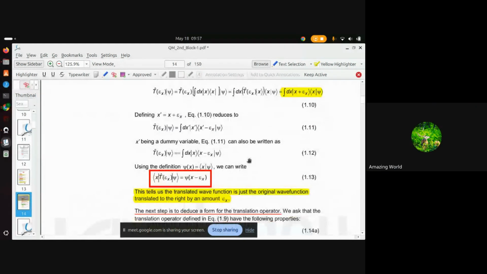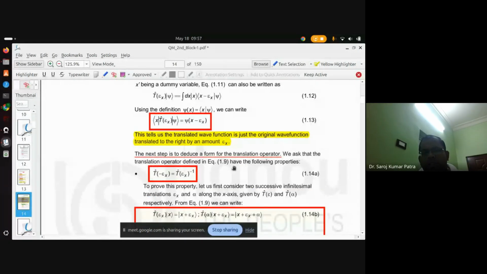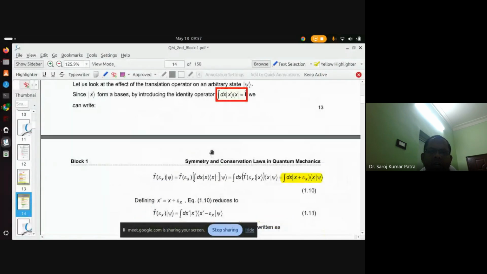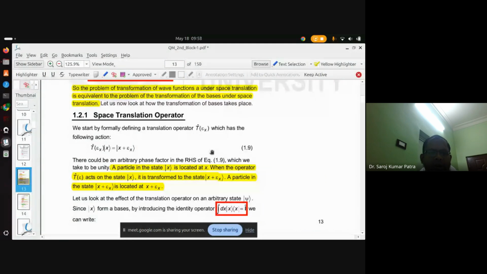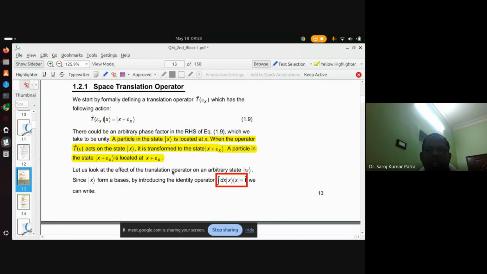Okay. So the next step is to deduce a form of the translation operator, because till now we have only talked about the operator T in a black box form. We don't know what exactly it looks like, but what it does is take the system from x to x plus epsilon x.